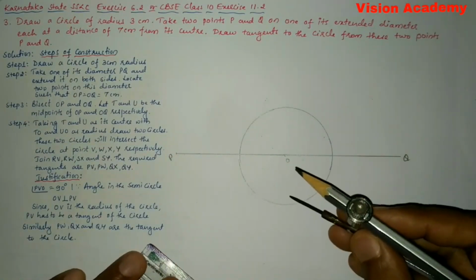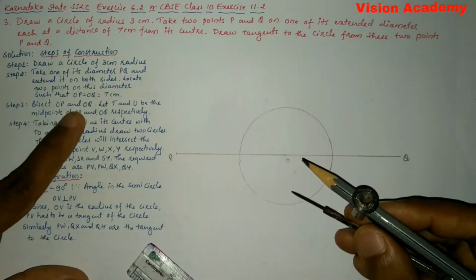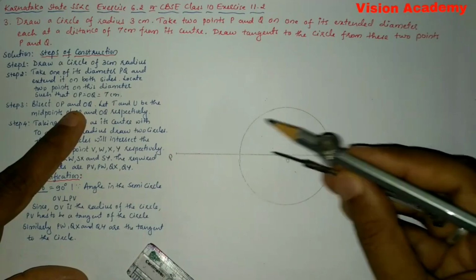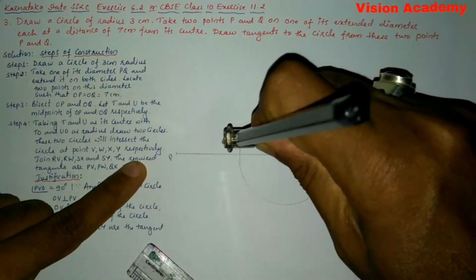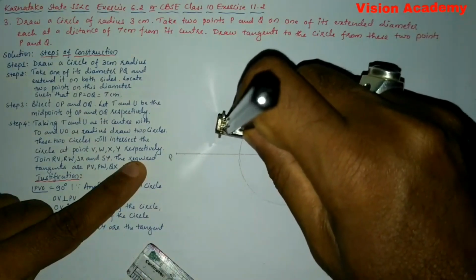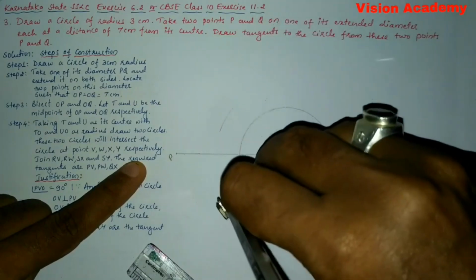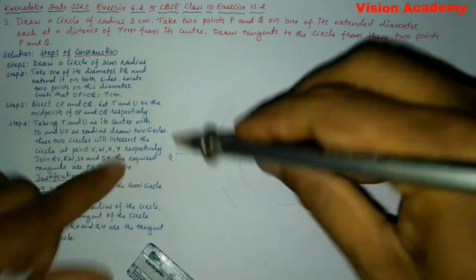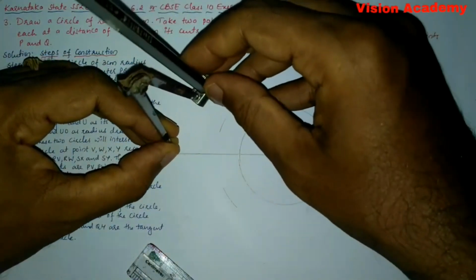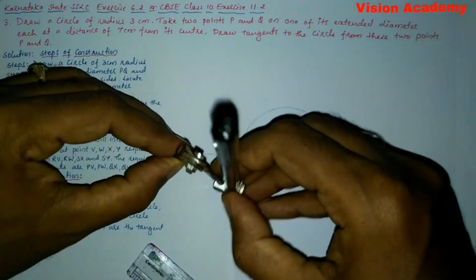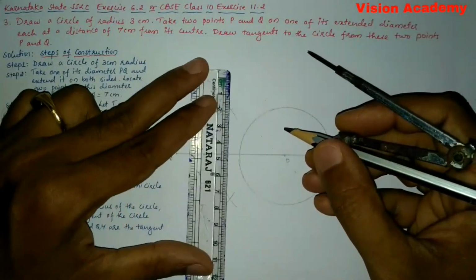Now we'll move on to the third step, bisect OP and OQ. So here OP we will bisect. In order to bisect OP, we'll have to take the length more than half of OP and cut here, and here also you cut, and keeping on point P, we are going to cut here and we are going to cut it here, and we are going to join both of these 2 points.